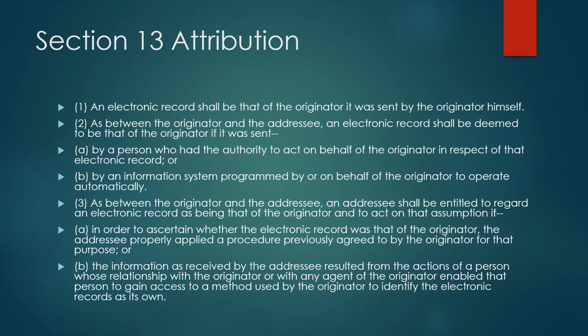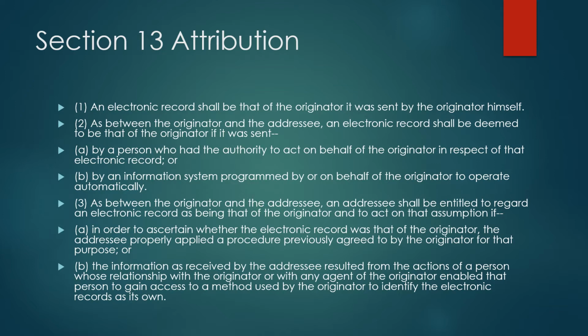Now, the second thing is, when does an addressee treat an electronic record as that of the originator? This is stated in subsection 3. In an electronic communication process or electronic transmission, it is required for an addressee to be sure that the electronic record sent to him is sent by the originator or by any other person authorized by him, and then act for the purposes for which the electronic record is sent.